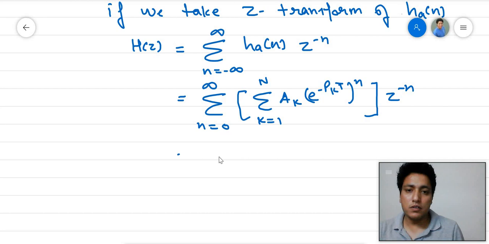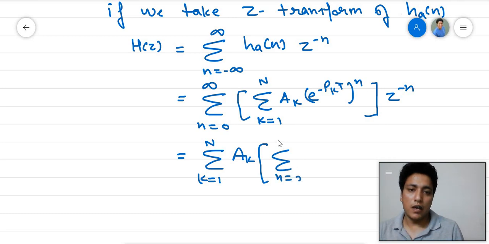What we can do is interchange the summations: k equals 1 to N, A_k, then summation n equals 0 to infinity of exponential minus p_k T z to the power minus 1, all to the power n.